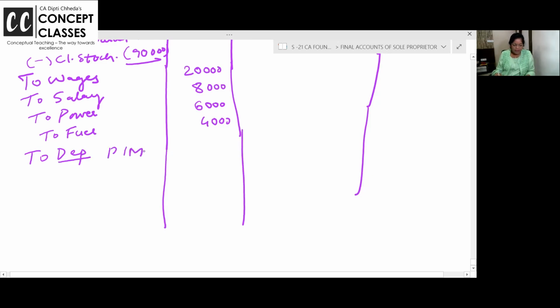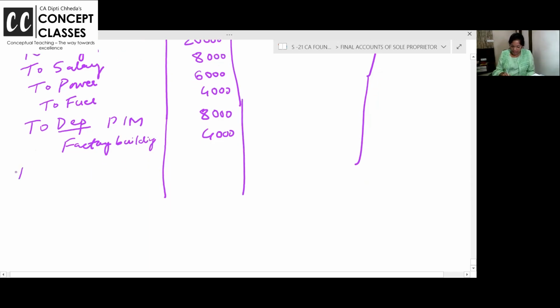Depreciation है, plant and machinery पे 8,000. Factory building पे 4,000. Next you have repairs. Plant and machinery 6,000. Factory building 2,000.